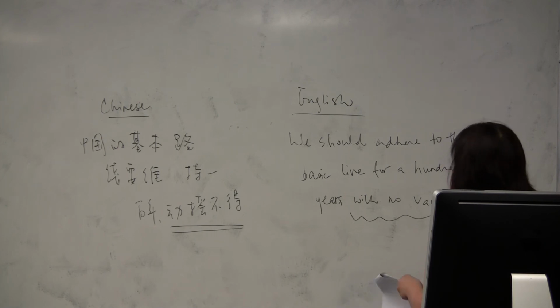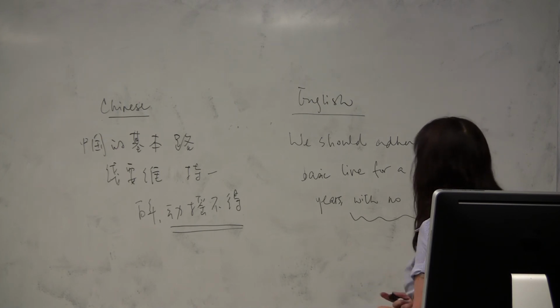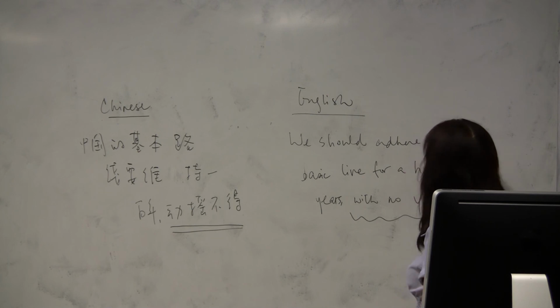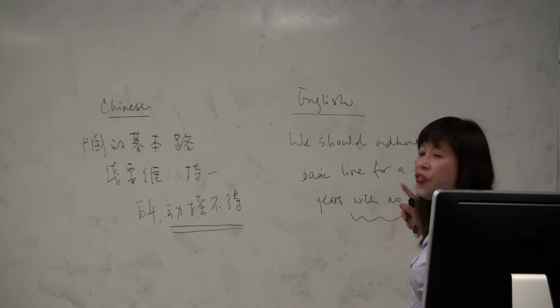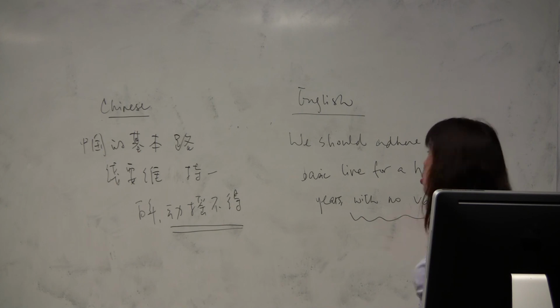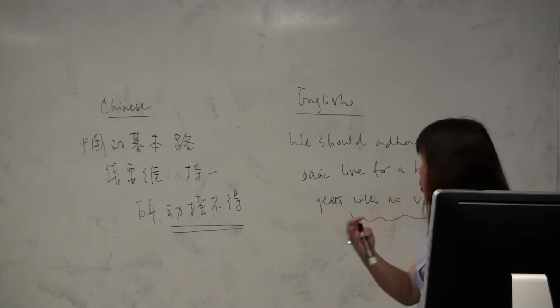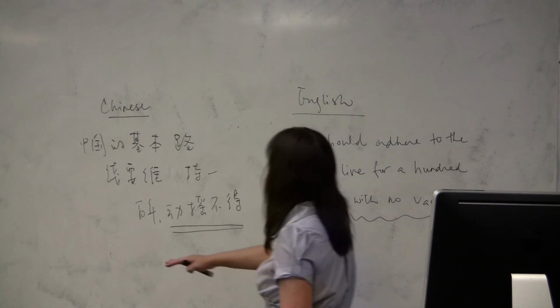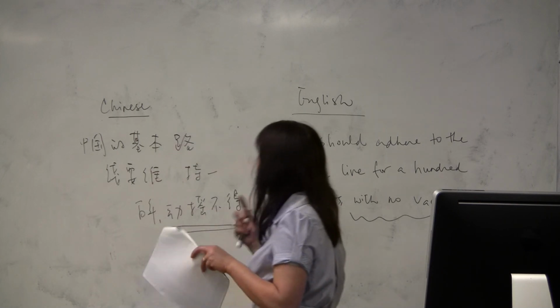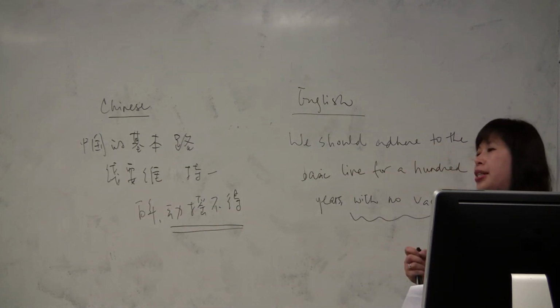And then when we do the translation, say for example, this is an English original translation, and if you follow this English style of writing, it will look very much like a translation. It doesn't look like Chinese at all. Whereas this is the original, it has a very unique Chinese way of writing.